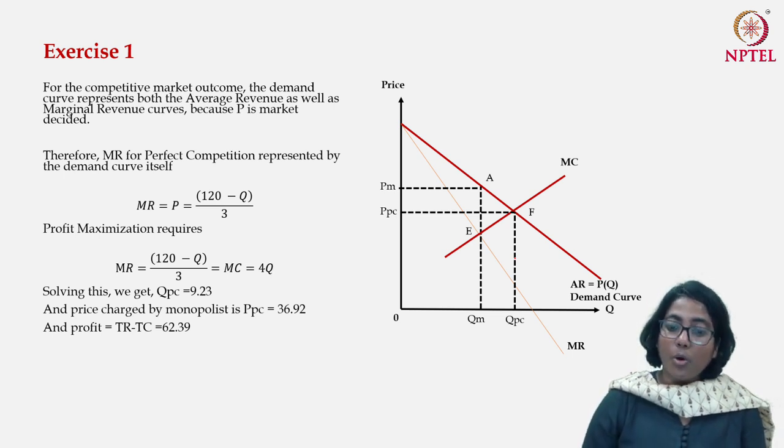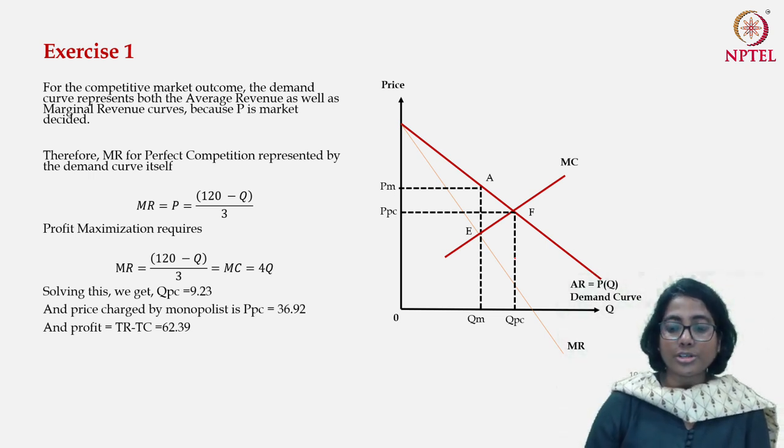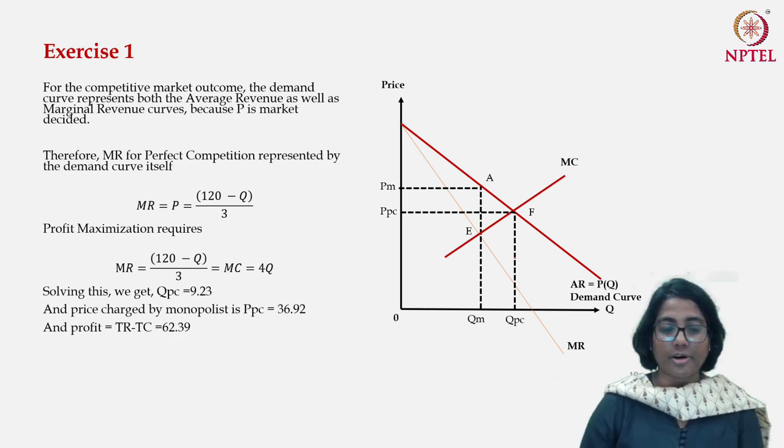However, if you compare the total profit earned, the profit earned by the monopolist is higher as compared to the perfectly competitive outcome. So these are the differences between the monopolist and the perfectly competitive outcome.